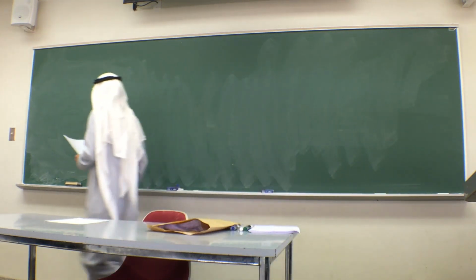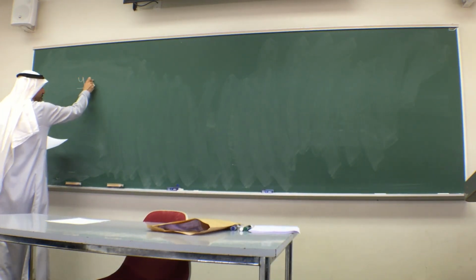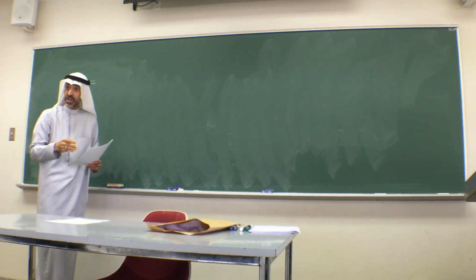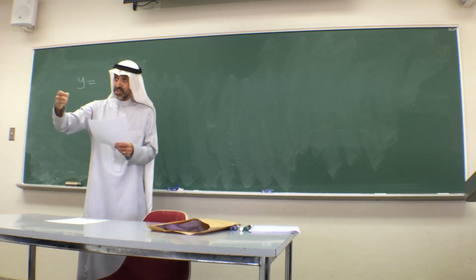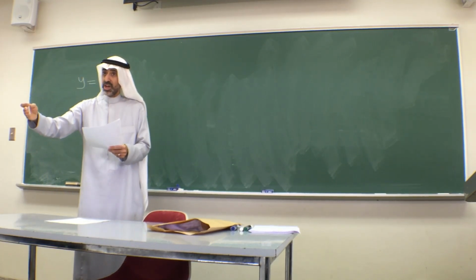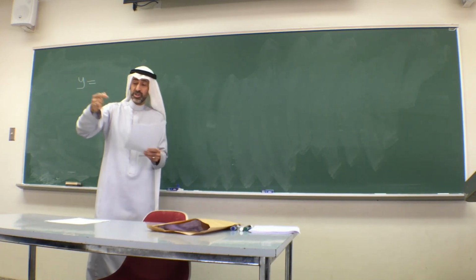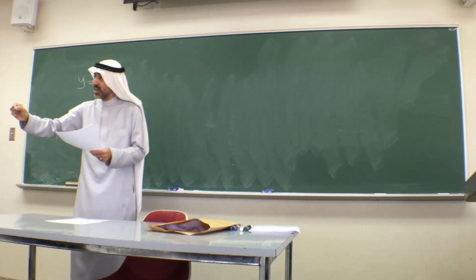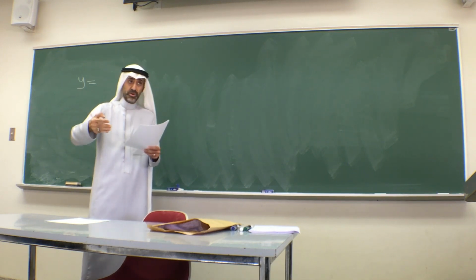Now, suppose that you have, and as I said, I'm not writing everything this time because you have the note. You have the note ready. So instead of wasting time writing, I'm just explaining more.